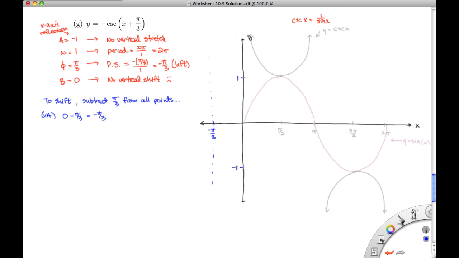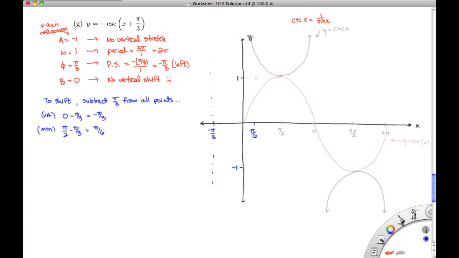All right, so next, on the cosecant curve, as we move along, we've got this min here of this U. Our min, which was at pi over 2, we're now going to subtract pi over 3. And if we do that, that's going to give us pi over 6. So this little min here is going to get shifted over to pi over 6. So we'll put that right there, tentatively.